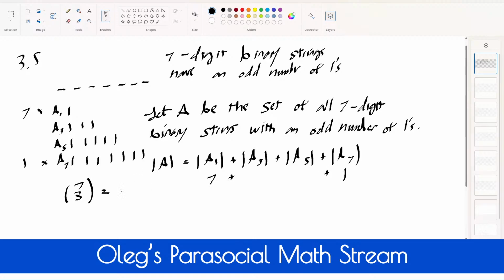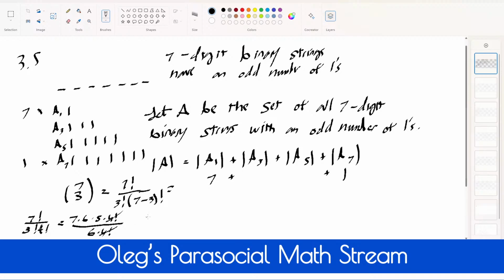Okay, 7 choose 3 is equivalent to 7 factorial over 3 factorial times 7 minus 3 factorial. All right, and that comes out to 7 factorial over 3 factorial times 4 factorial, which comes out to 7 times 6 times 5 times 4 factorial over 6 times 4 factorial.